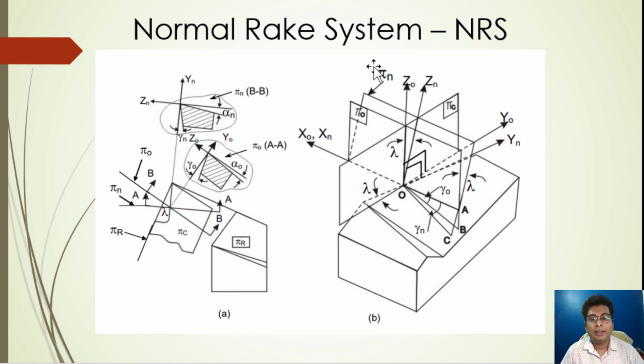What it is? The plane which was normal to the rake surface, pi r plane, is now made to incline or to lean forward or backward as per the slope of the principal cutting edge. I am repeating, in NRS system, this pi n is inclined as per the inclination of the principal cutting edge.